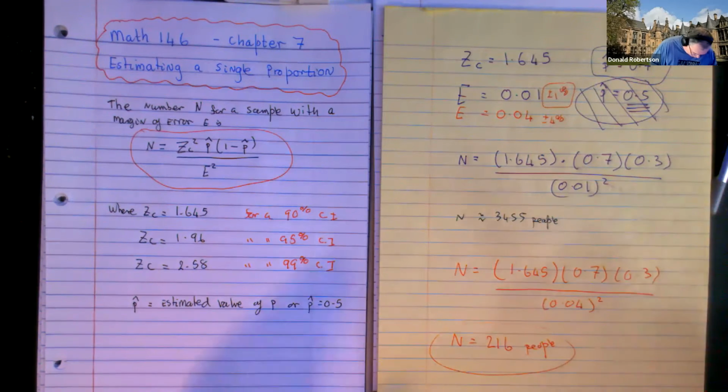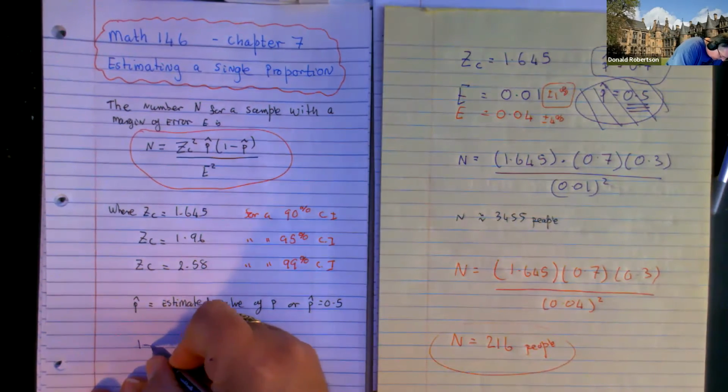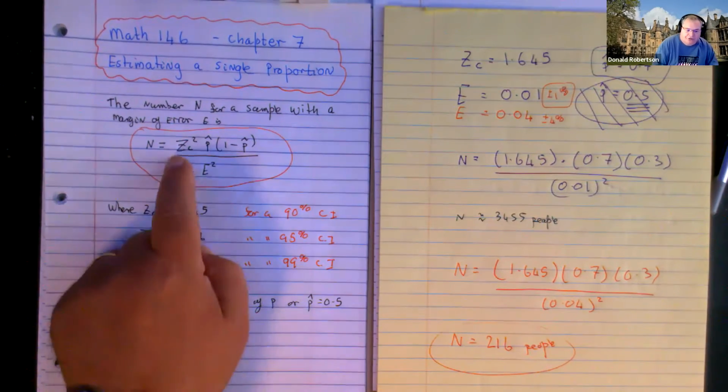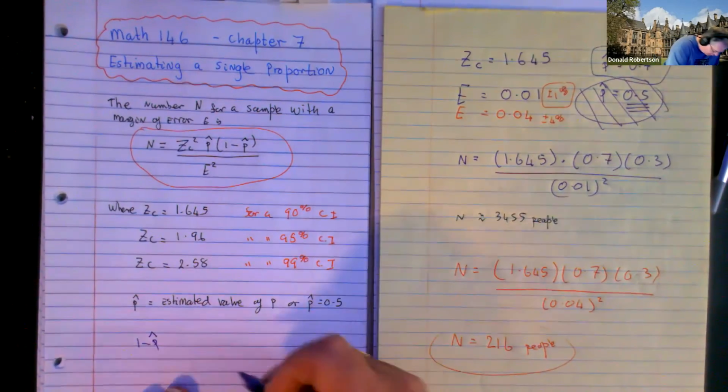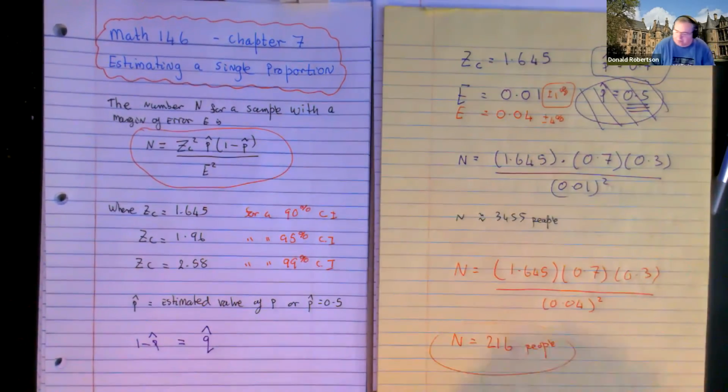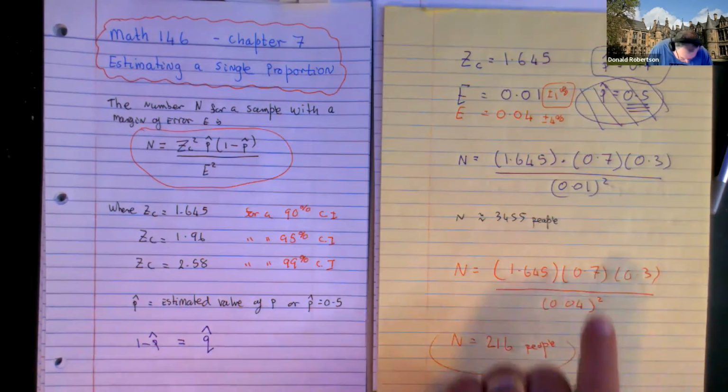Now, a little idiosyncrasy, it's not a biggie, but I want to tell you right now. In my formulas, I use 1 minus P hat. You can see it here, for instance. It's also called, in this textbook, Q hat. So if you ever get a question that says, what is Q hat equal to? Just take 1, subtract P hat from it, and that's your answer.